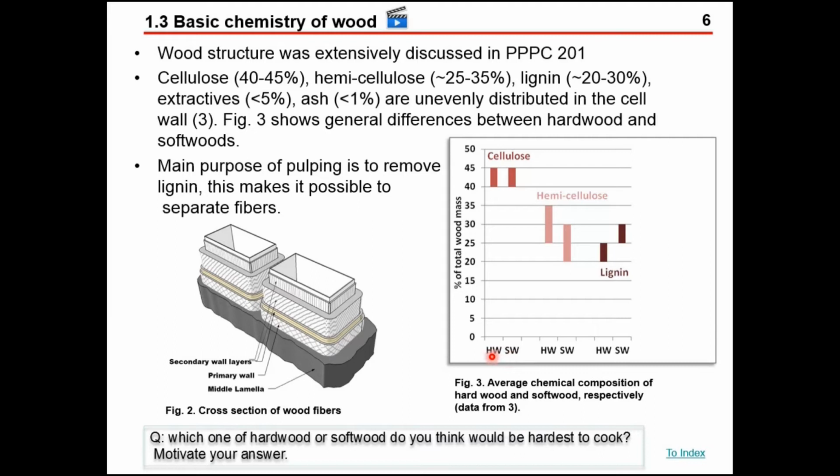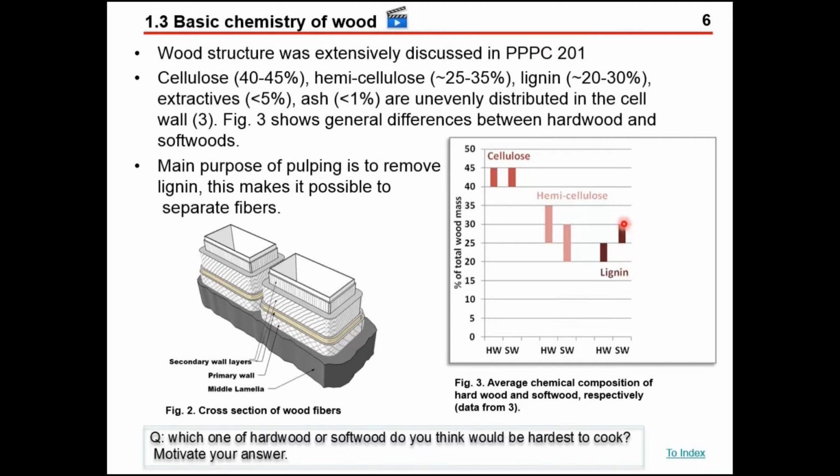Remember, hardwoods are eucalyptus trees, softwoods are pine trees. So you can see the cellulose in those two is about the same, and the hemicelluloses and the lignins differ, with lignins being more in the softwoods, i.e.